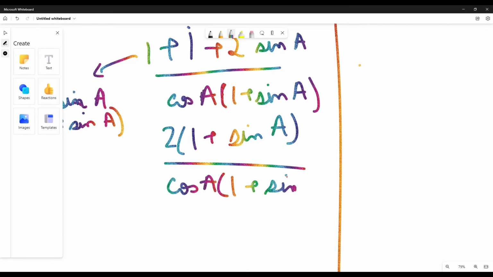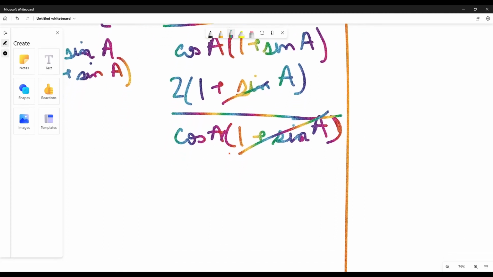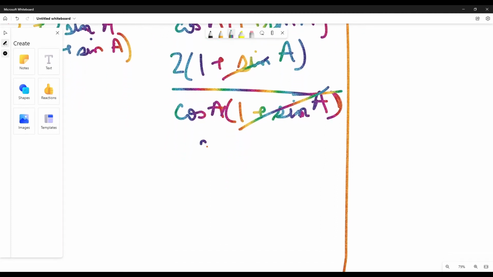So never multiply them, best advice. Cancelling this, we get 2 upon cos A.